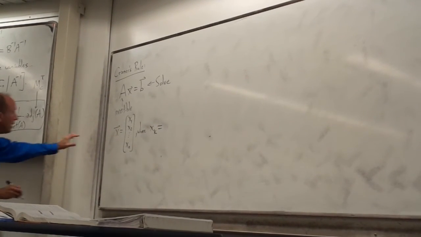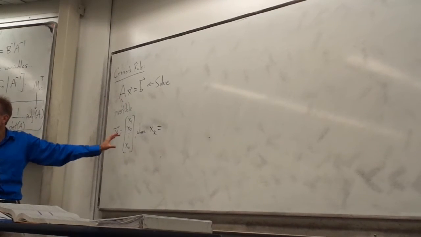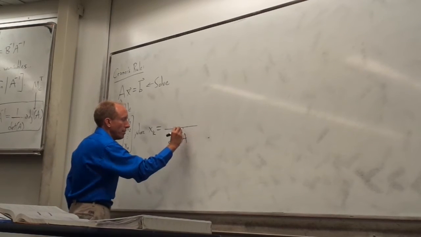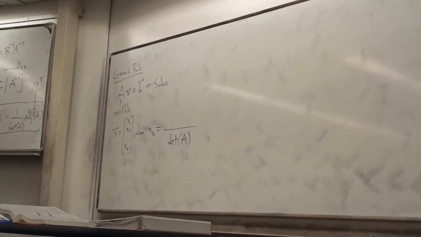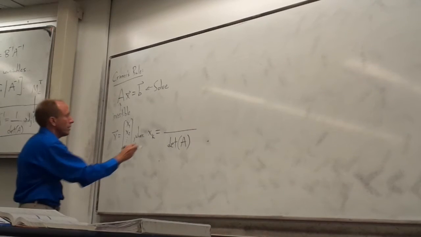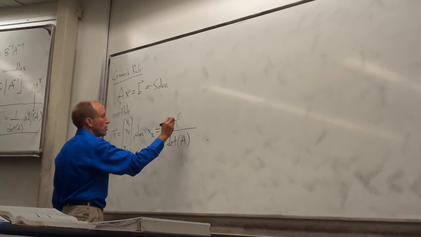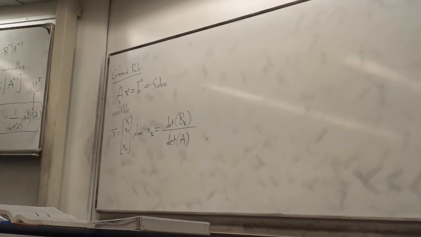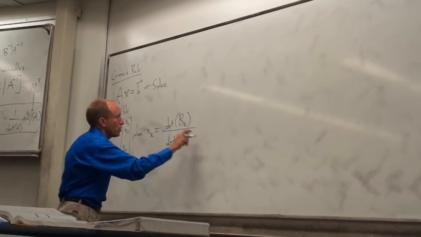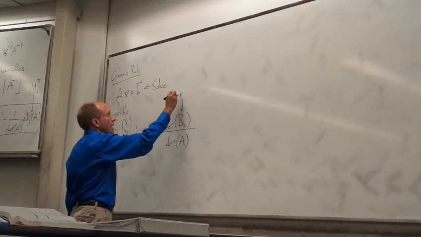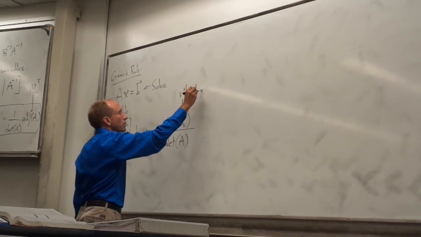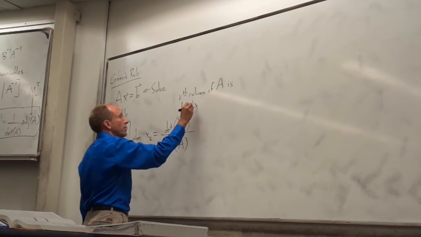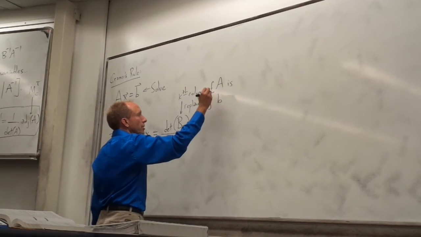So the kth entry of this unknown vector X, on the bottom you take the determinant of the matrix A. And then on the top you take the determinant of the matrix that is usually called B sub k. And B sub k is the matrix where the kth column of A is replaced by the vector B.